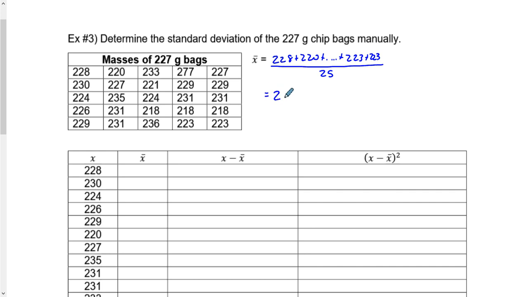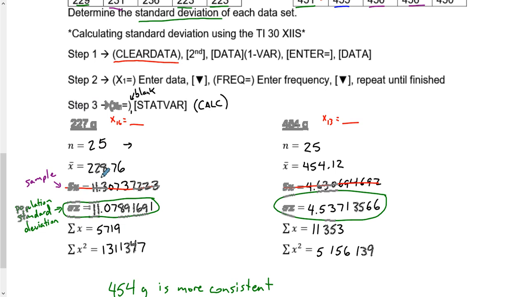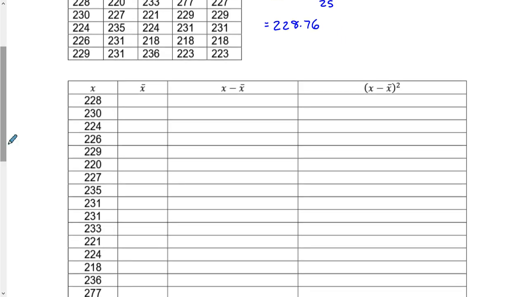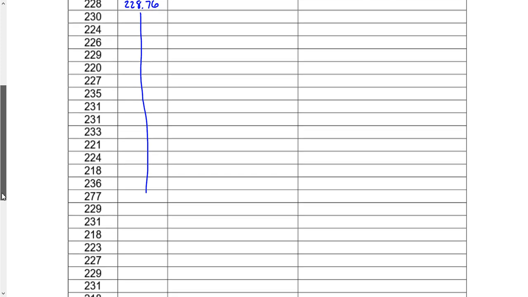we should get 228.76. Now I'm kind of doing a little bit of a cheat because we've already done it. 228.76. The rest of the values is what we're going to do in here. So this chart here is taking 228.76, and it would be each of those numbers. Wow, there's a lot of values.